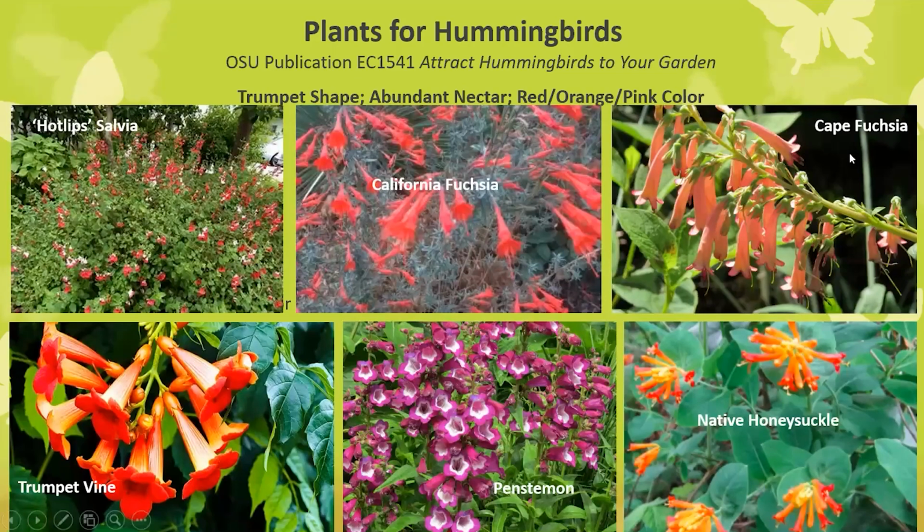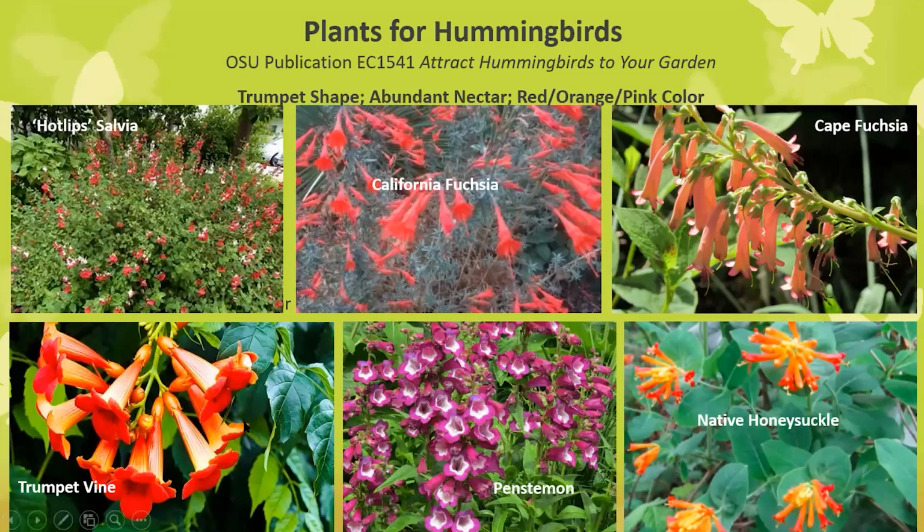All right, Cape fuchsia are shrubs that range from 2 to 4 feet in size and have flowers of a variety of colors, including orange, hot pink, and yellow.